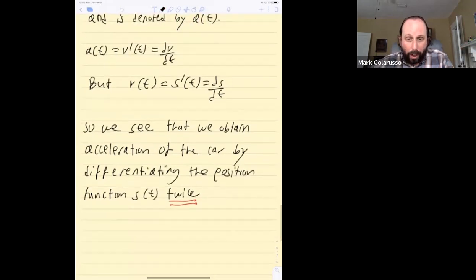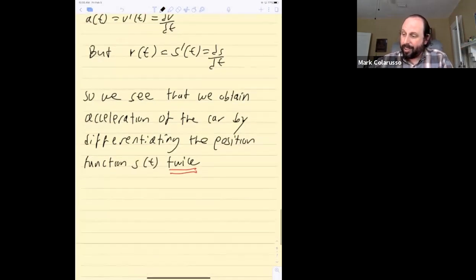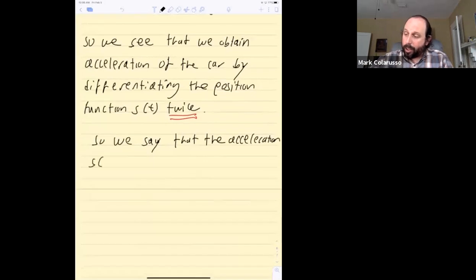In other words, we say that the acceleration, A of t, sorry, is the second derivative of position.